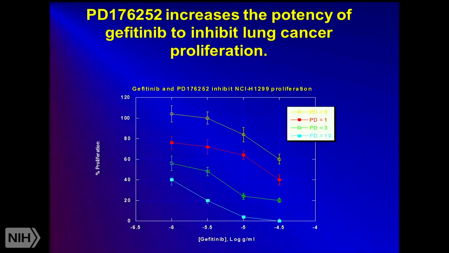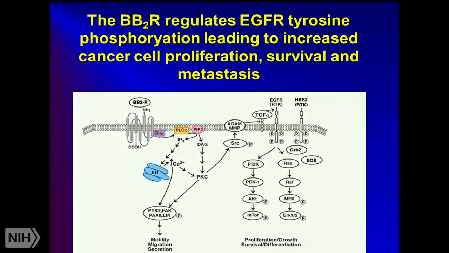And so PD176252 increases the potency of gefitinib by over an order of magnitude. So it's possible then that this bombesin receptor antagonist, in combination with gefitinib, may be used to inhibit the lung cancer growth.